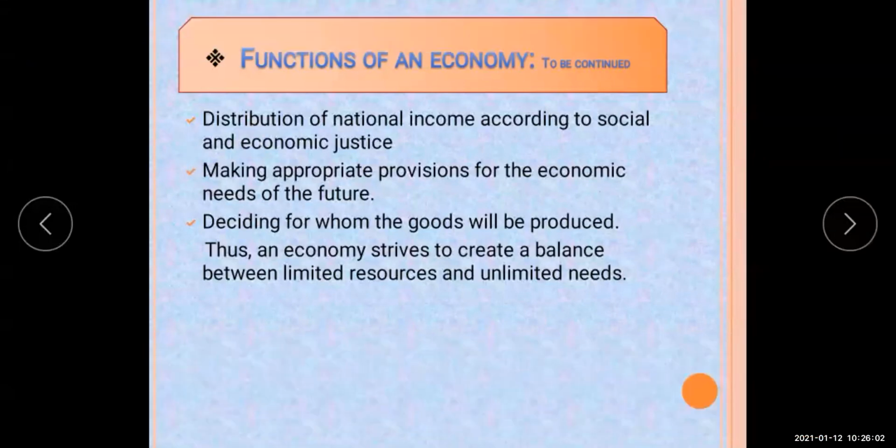Then, making appropriate provisions for the economic needs of the future. This fourth point tells us about proper planning.